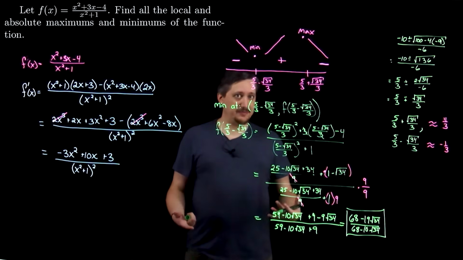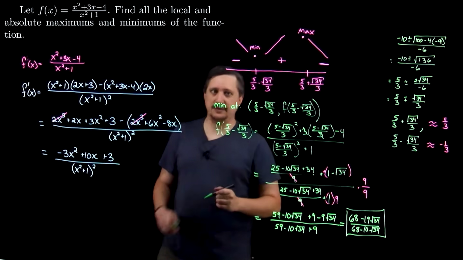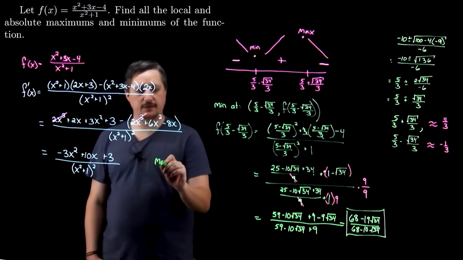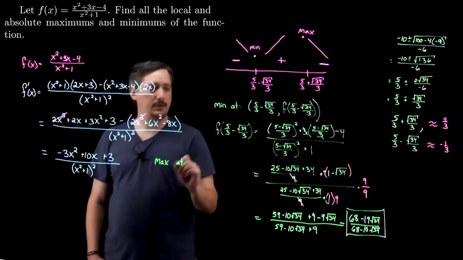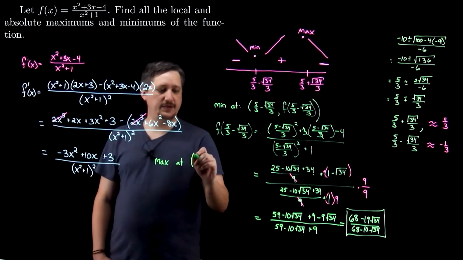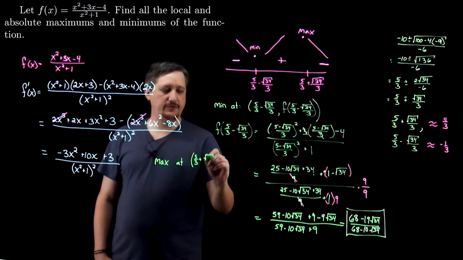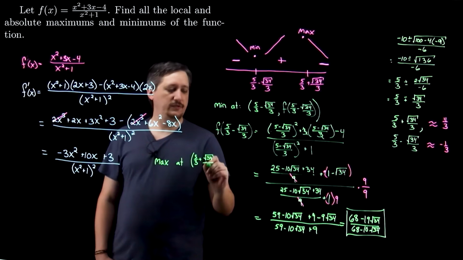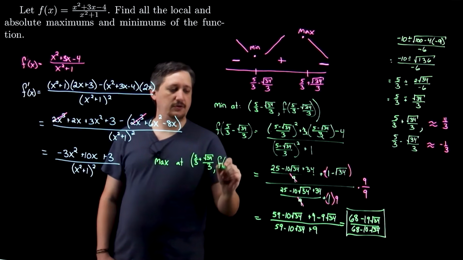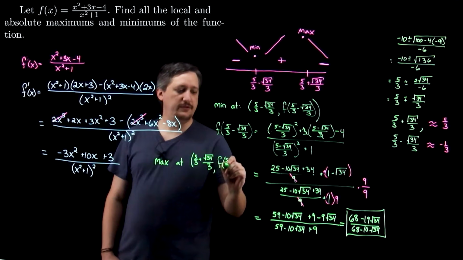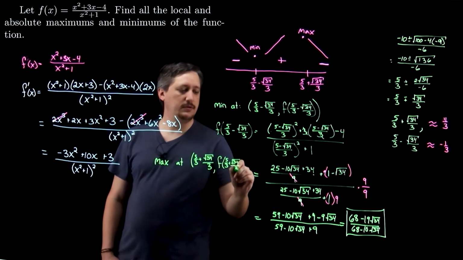Now I'd also have to do the max. So I'm going to write that over here, max at 5/3 plus square root of 34 over 3, f of 5/3 plus square root of 34 over 3.